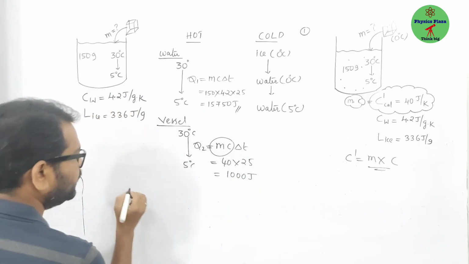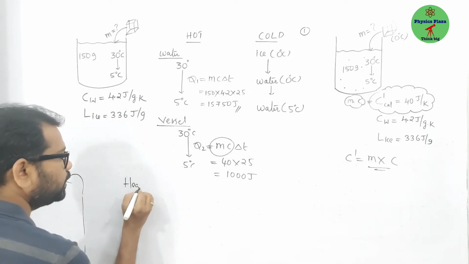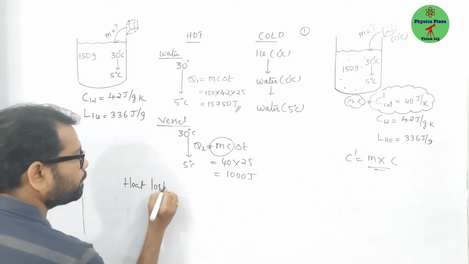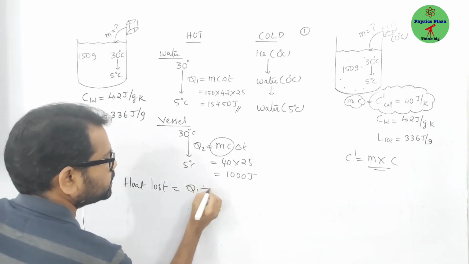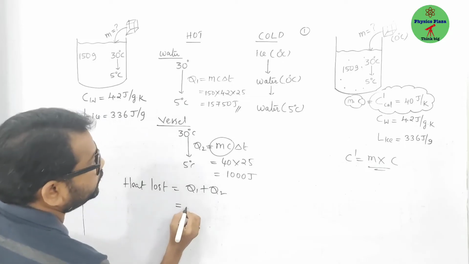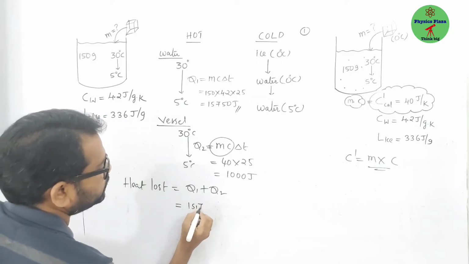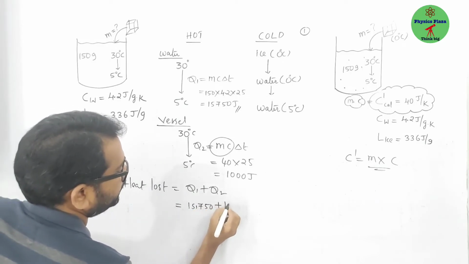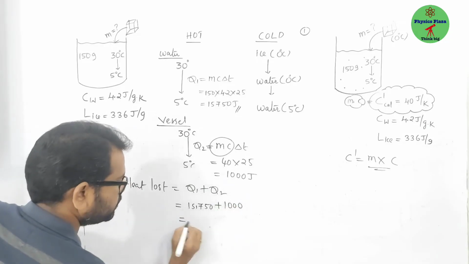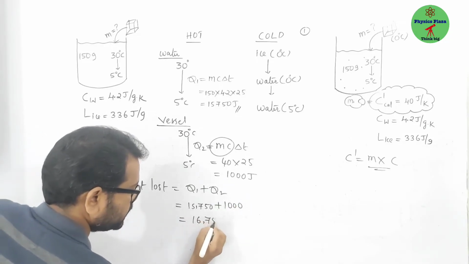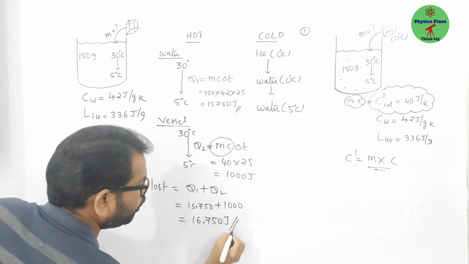So this is the complete heat loss, children. Heat lost is equal to Q1 plus Q2, that is 15,750 plus 1000, so this will be 16,750 joules. Children, this is the heat lost.